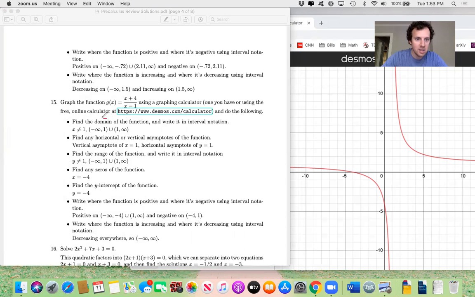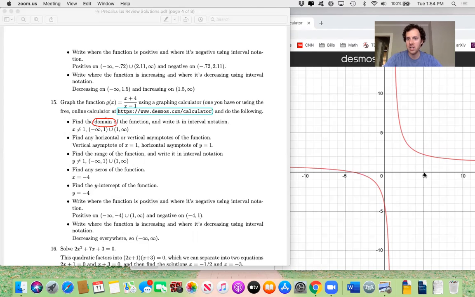So the domain here, this is which x's can we put into this function and get something out. On the graph, what that corresponds to is which x's, so along this axis here, which points have a point on the graph corresponding to them.